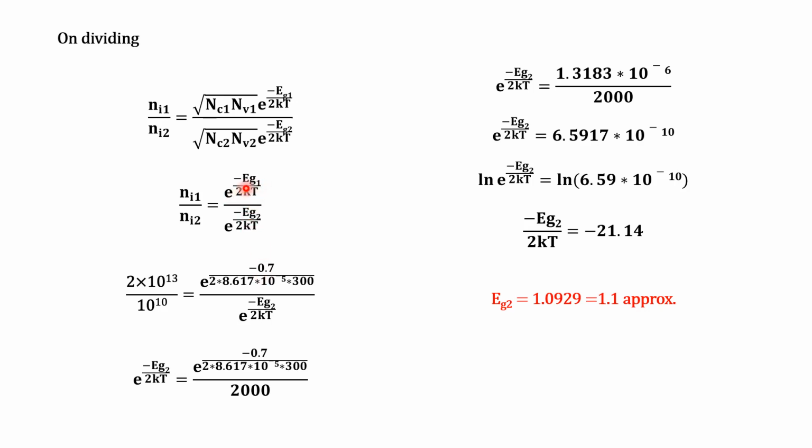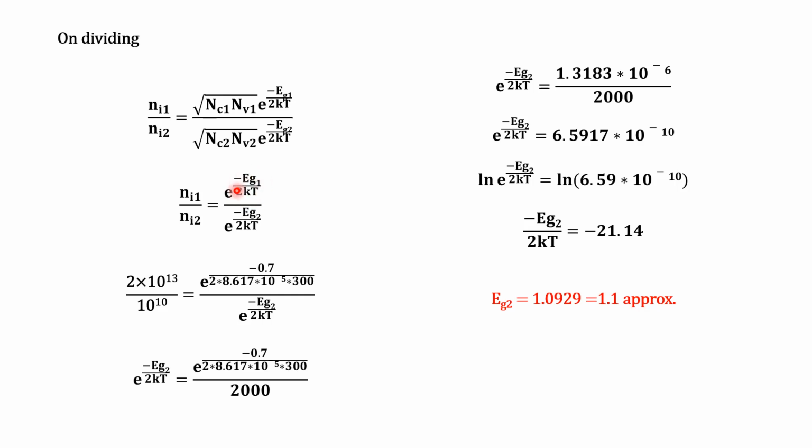Here this is e power minus Eg1 by 2 times kT. So in case you are cancelling and getting the correct answer, I don't know, but usually this is the method that we do. When I cancel out, I get 8 point something, so I think it is not the correct answer. Anything that is e power something means a constant, right?